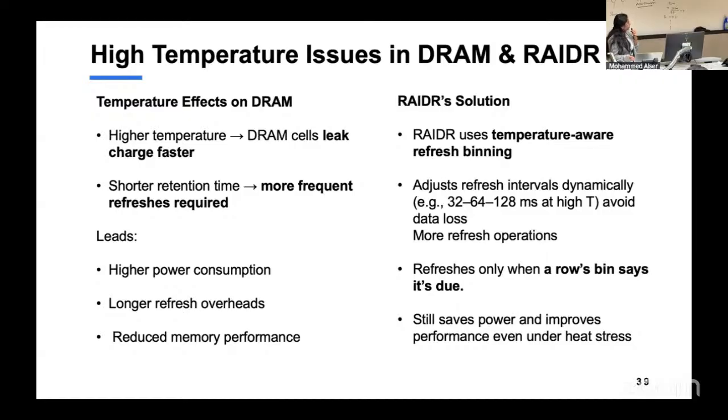And it will also increase the refresh reduction rate. And it refreshes a row only when it is due, and this saves power, energy and performance as well, even if heat stressed.